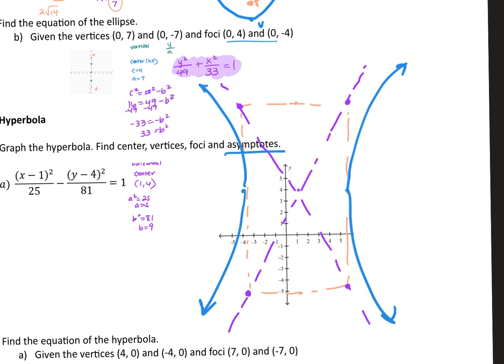If there were two graphs the same, that might be the difference maker. And it's y equals k plus and minus, because it's horizontal, b over a, x minus h. So it'd be y equals, the k is 4, plus and minus, the b is 9, the a is 5, x minus h, which is 1.